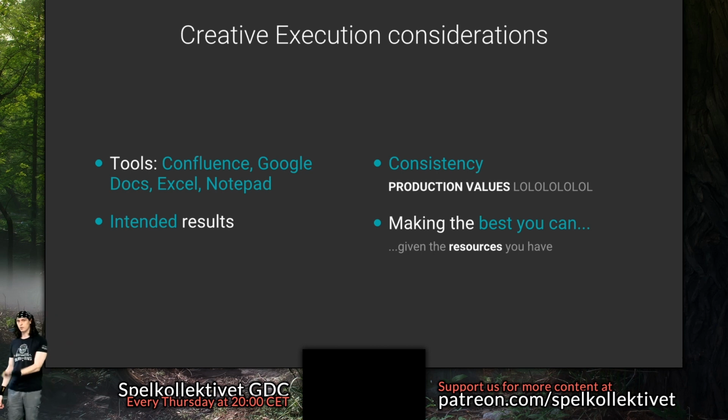It also helps if you are consistent with your estimations and your focus.